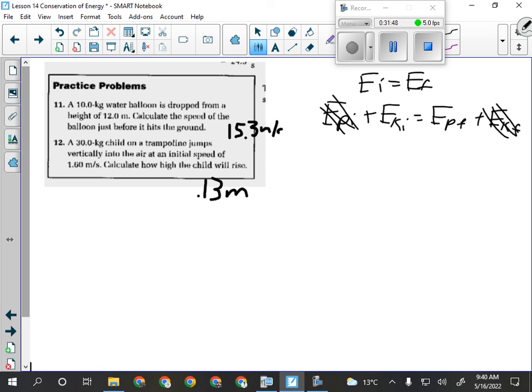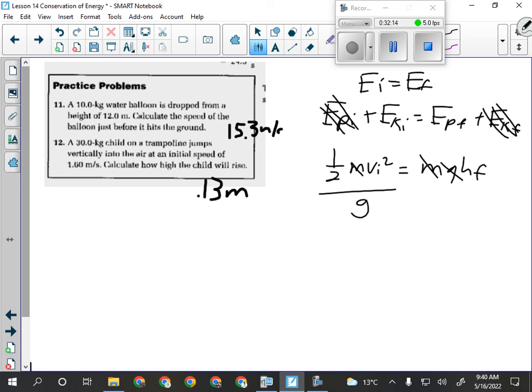Now that we've got that sorted out, we can say 1/2 m vi squared equals m g h final. If I'm looking for h final, the first thing I'm going to do is cancel the m's, and then divide by g.